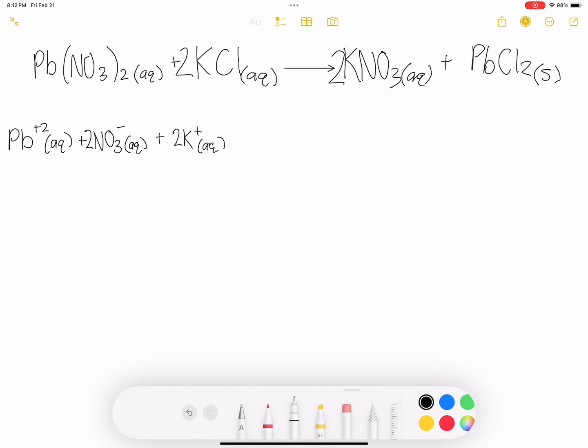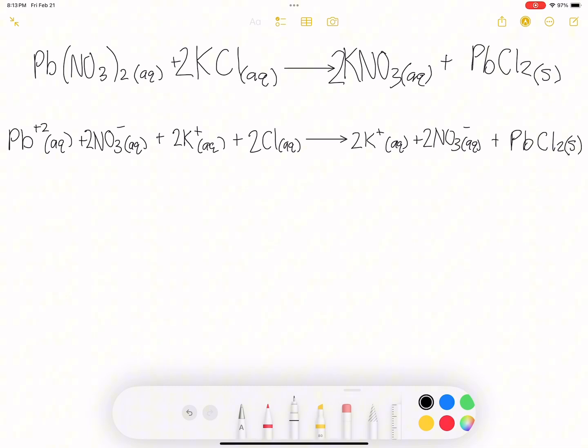Then 2K+ aqueous, or potassium, plus 2Cl- aqueous, and then the arrow of course. Now we write 2K+ again, aqueous, plus 2NO3- aqueous. And since lead chloride is a solid, we do not dissociate it, we do not separate it. We leave it as is. Alright, so our total ionic equation is finished.